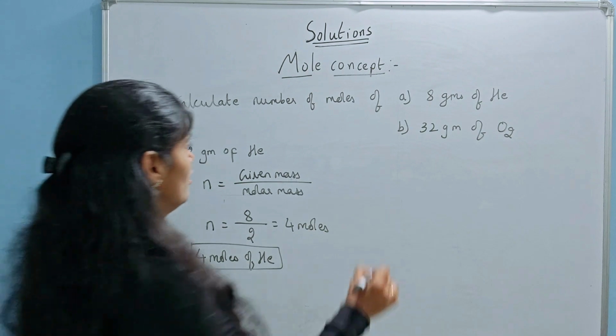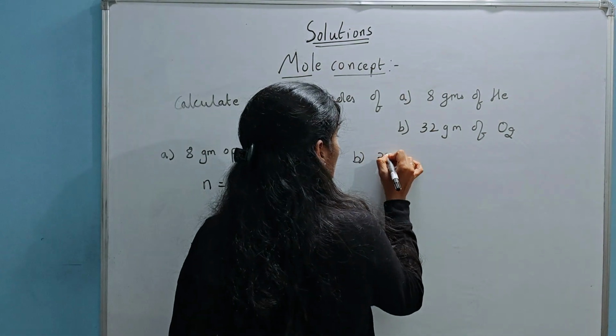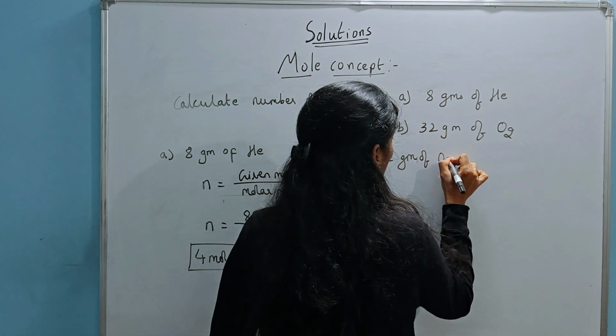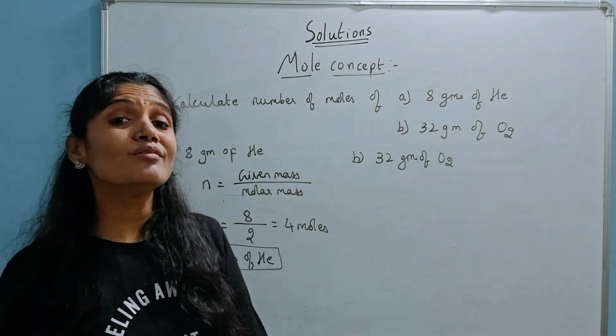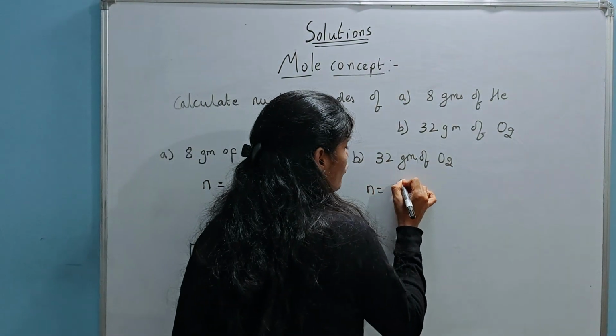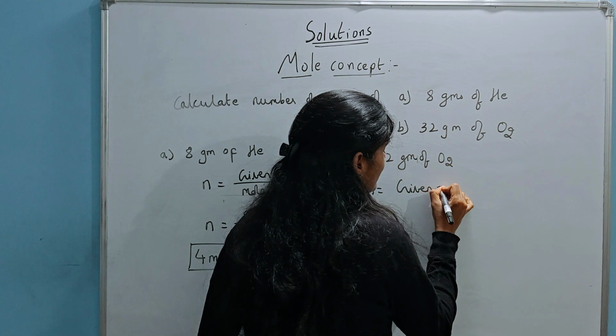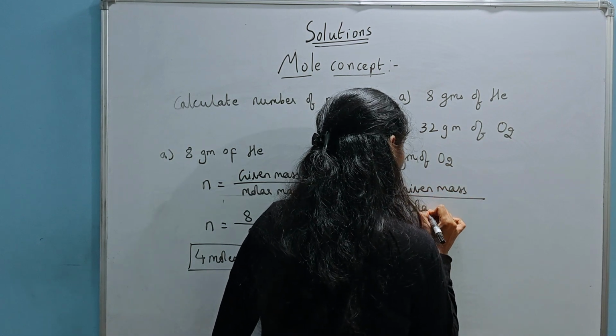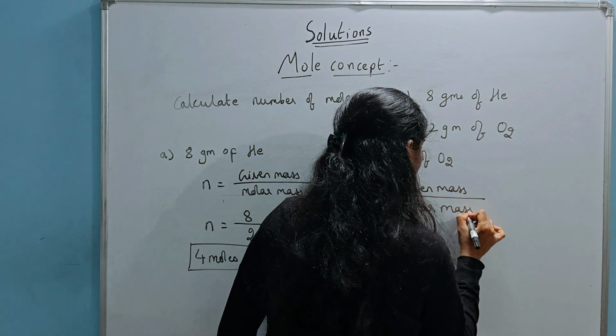Let us come to the next one, 32 grams of oxygen. Oxygen is in molecular form, make a note of that. Number of moles is equal to given mass divided by molar mass.